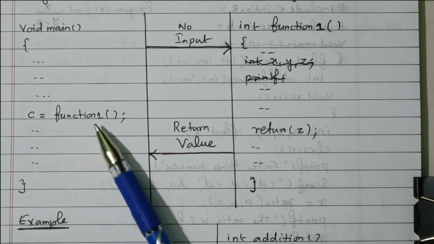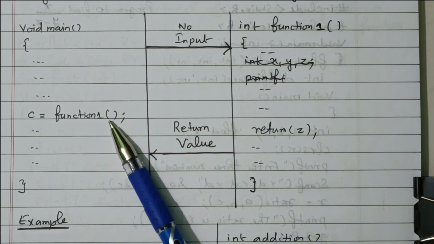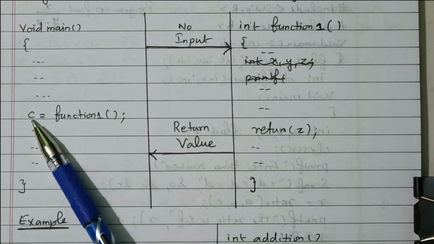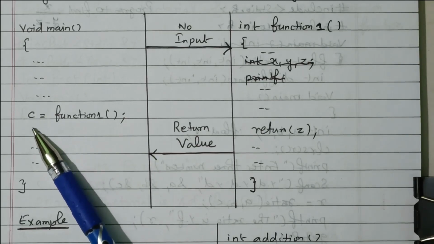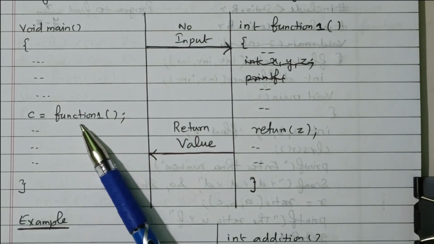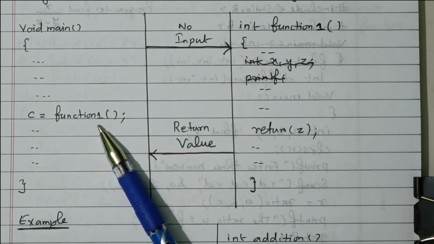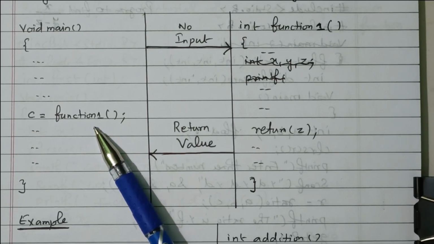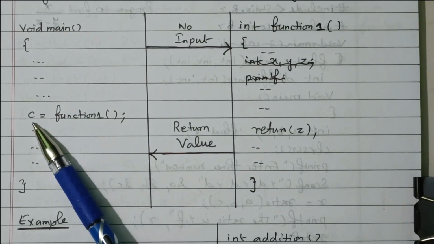We are not passing any argument, but we know that it will return the value. So that value will be stored in the variable c. So a function with a return value means definitely we have some variable here. Then only the return value will be stored here. Otherwise it will not be stored. So c = function1() means we are calling function1. The function will perform a particular task and return one value. That value will be stored here.